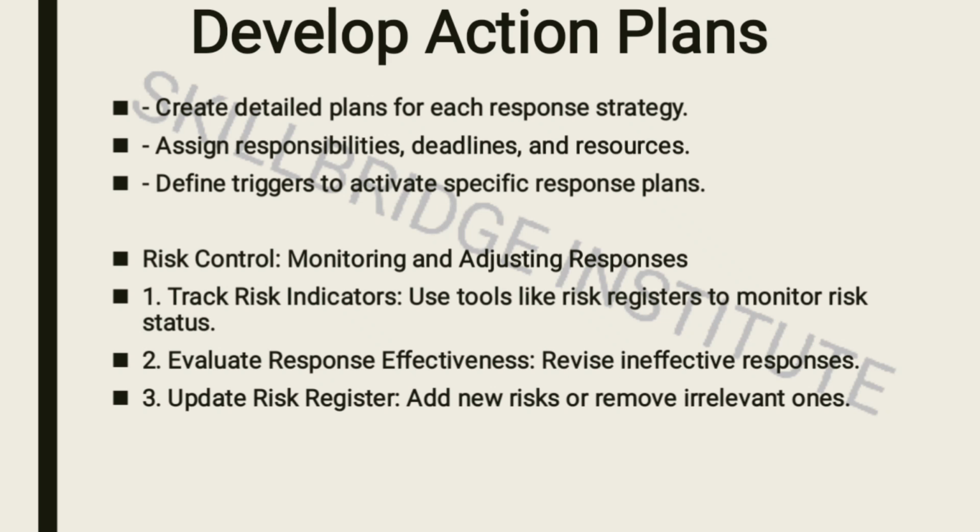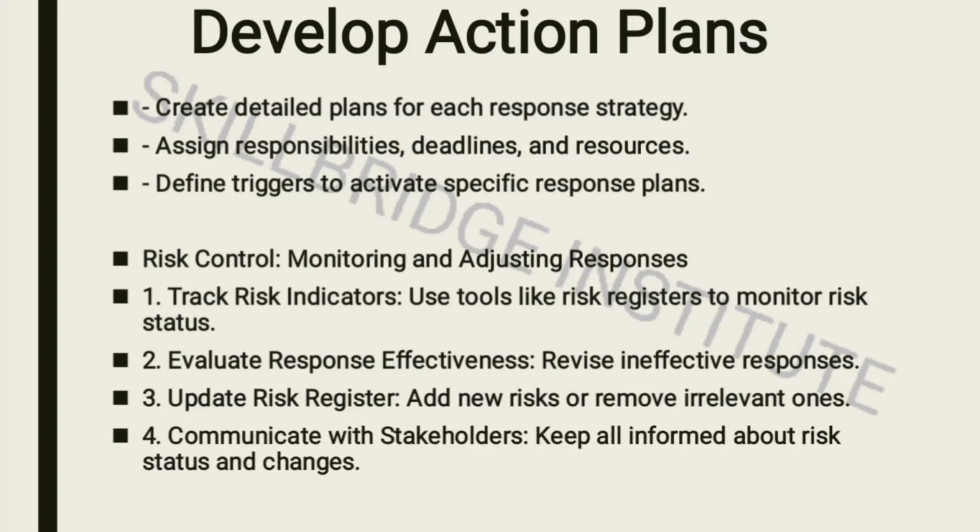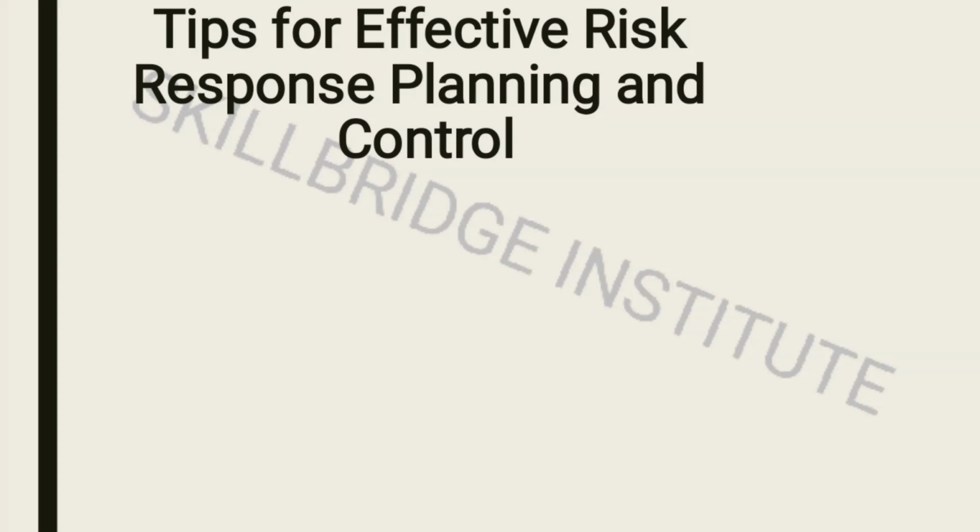Number 3, you should be adding new risks and removing those risks which are irrelevant in that risk register. Number 4, make sure that the stakeholders are in line with everything that is happening. So make sure that there is good communication.